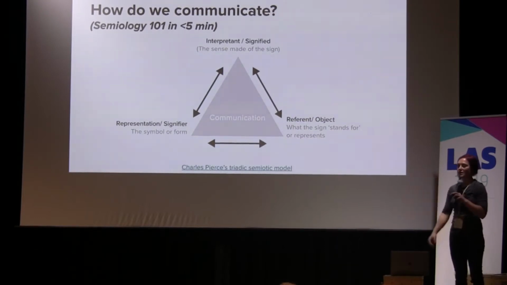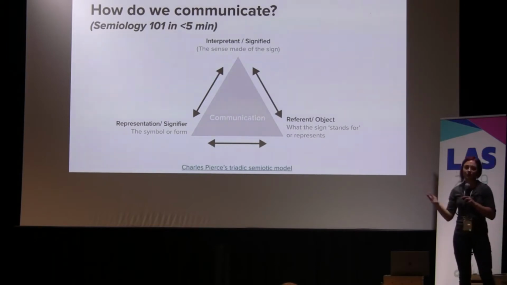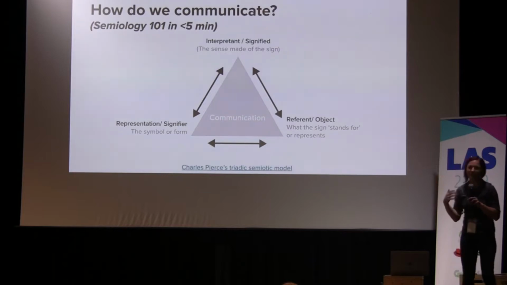This can be an icon. This can be a picture or a photo. In the example I showed before, there are different symbols for bananas. There are different symbols for phones. There's banana.